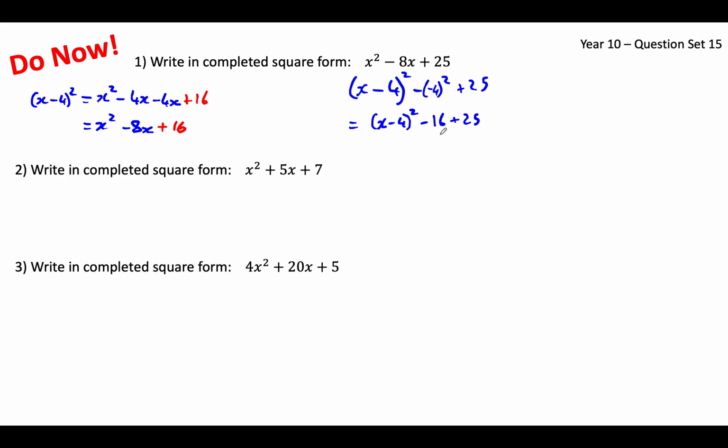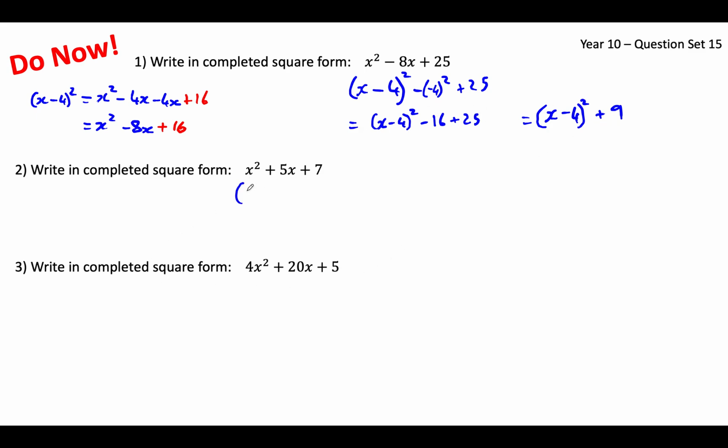Well, minus 4 squared is 16, but we're still taking it away. And my final answer will be, the first bracket doesn't get affected, minus 16 plus 25 is the difference of 9. It's plus 9. All right? So you just sort of adjust it, just put those two numbers together.